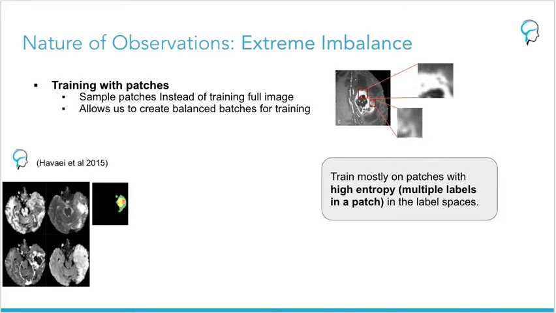For example, in segmentation, we can oversample patches with high entropy in the label space. What I mean by that is patches that have multiple labels. That's what I mean by high entropy in the label space. Why would we want to do that? Because those patches represent edges, and we want the segmentation model to handle edges better.